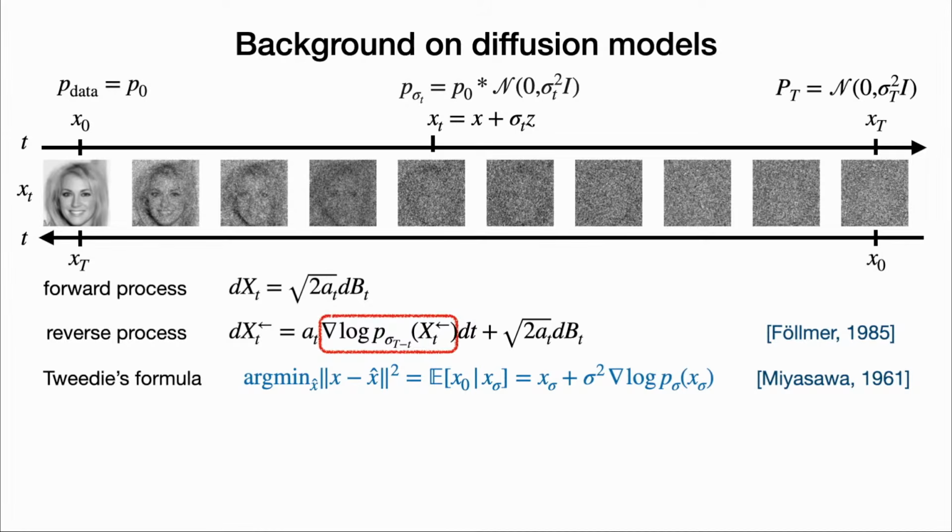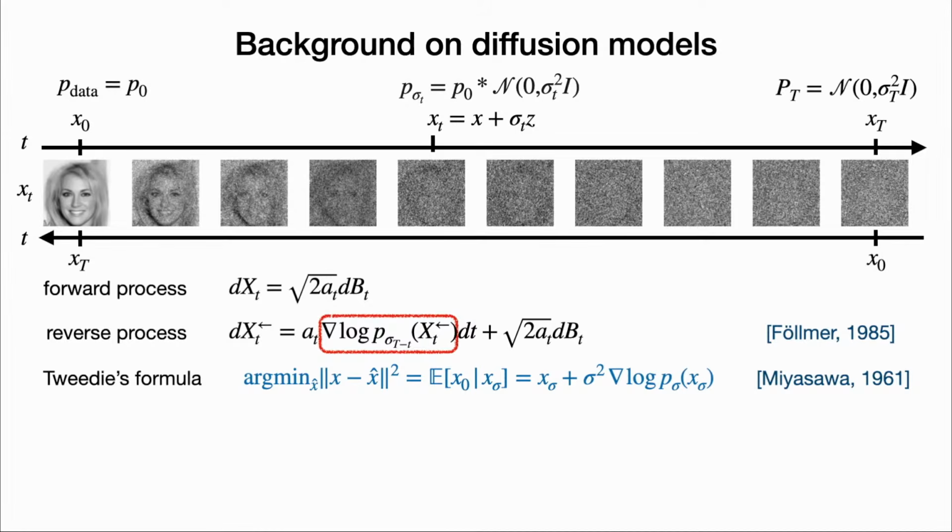The Tweedie equation turns this complex and difficult to compute integral into a form that only contains a gradient, which is easier to deal with computationally. And it is very intuitive.